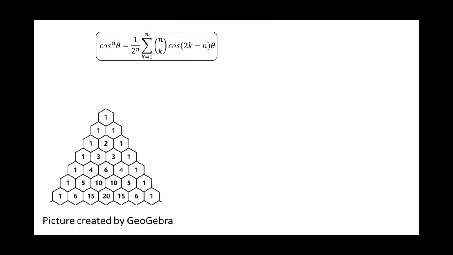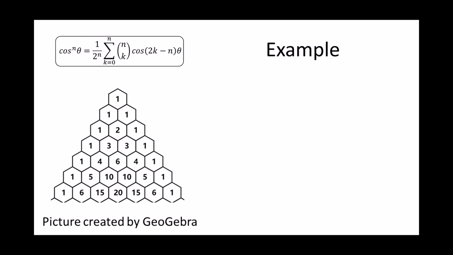Now let's take a look at some examples to really see how the formula works. The first example is a well-known one, cosine theta to the second power. The first step we're going to do is to write down the 1/2 to the nth power. Then we take 2 times the first binomial coefficient times cosine of whatever the n is, and then times theta.